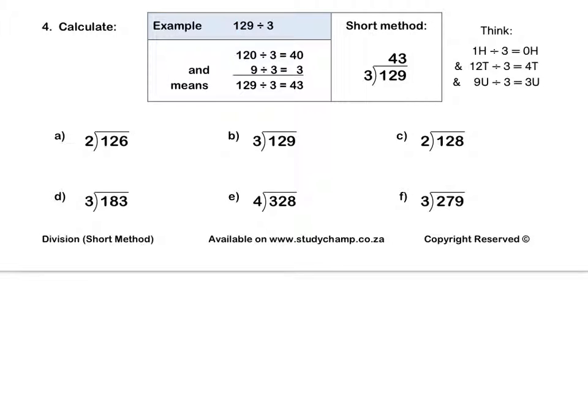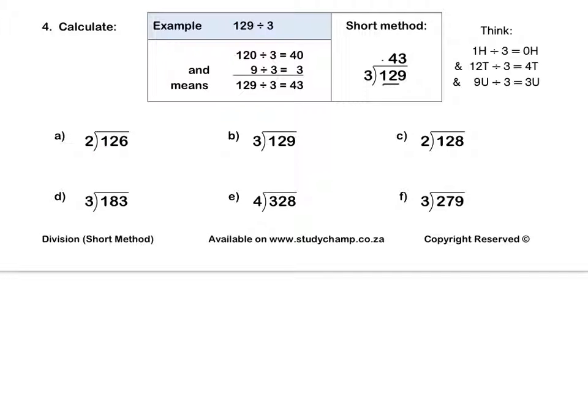Question 4. 129 divided by 3. 3 fits into 1 0 times, but a number never starts with 0, so we just write down a dot. Then we look into the 12. 3 fits into 12 4 times, and 3 fits into 9 3 times. Let's do A together. 2 fits into 1 0 times.